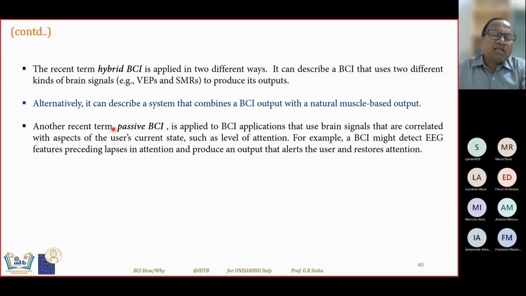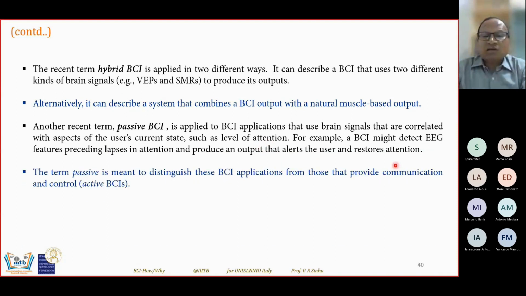So there the active BCI is not in use. You are using the passive BCI and producing an output, and that output is not directly coming from CNS, and it helps you alert the user and restore the attention. So whenever there is poor attention, that can be improved by this. It is called passive to differentiate these BCI applications from those that provide communication and control directly.